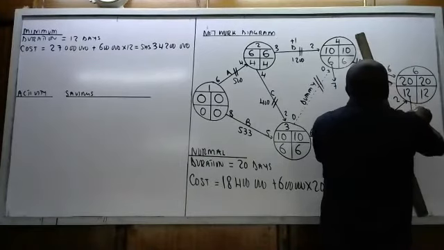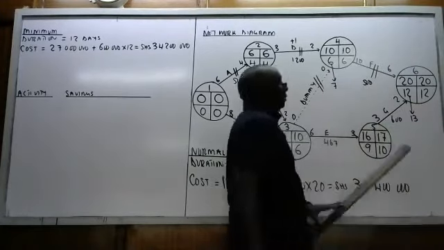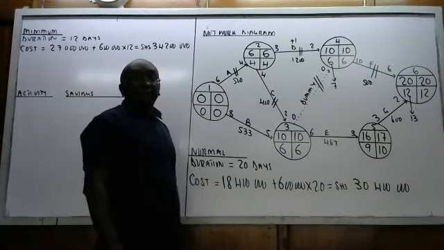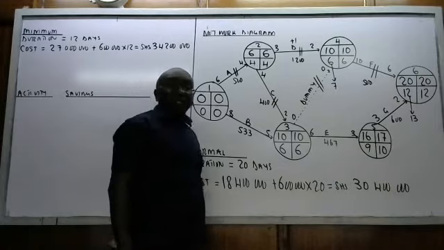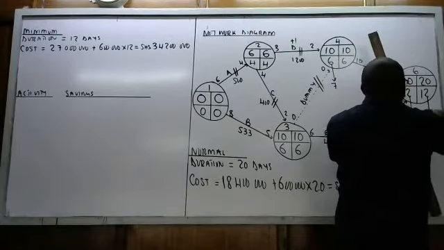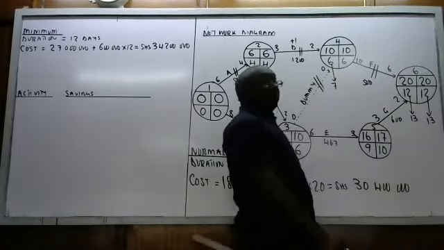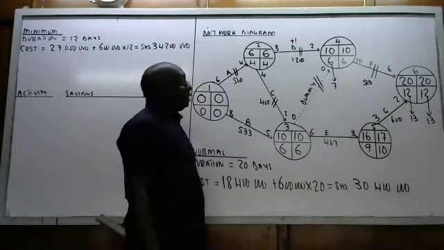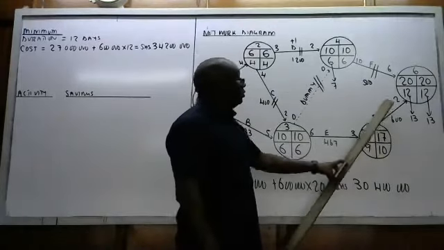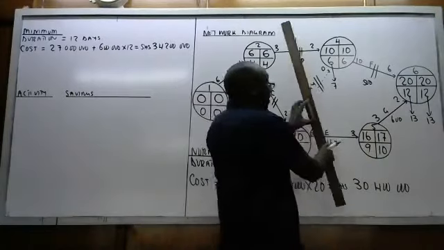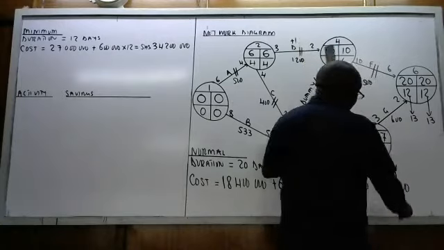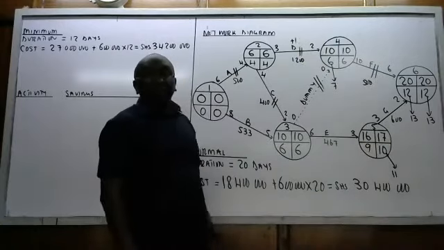So put on 7, this is 13. And if it is 13, even this one changes. Put 13 there. So we start backwards. So 13 minus 2. Instead of 10, this is now 11.